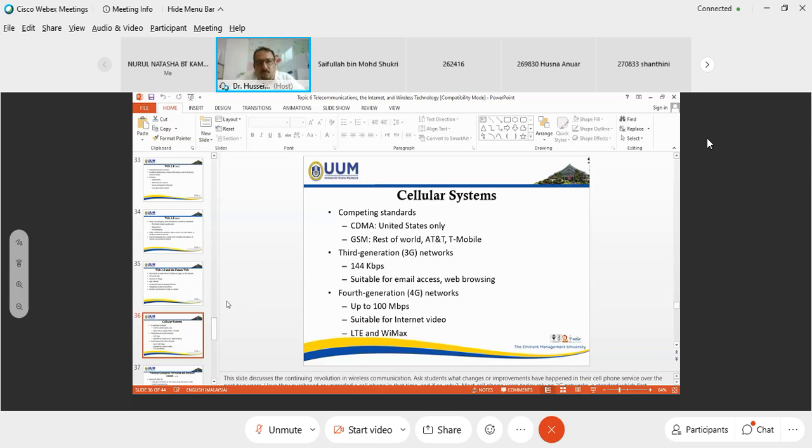We still use 4G, but last year, I think Maxis signed a memorandum of understanding with Huawei, the Chinese side, regarding how to transform to the 5G network. It's very fast, but we need it for a lot of things.